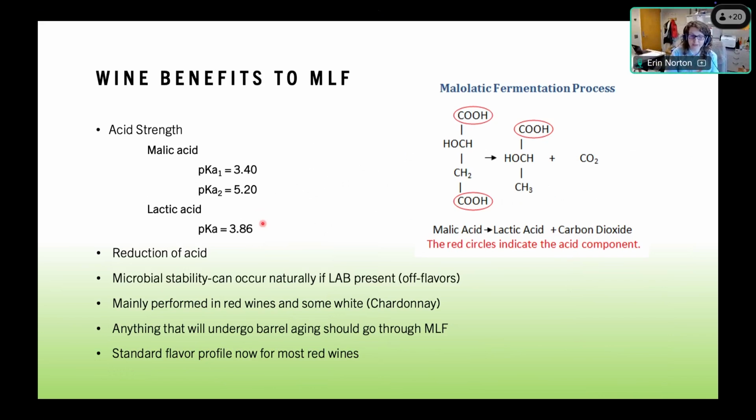And so if you let them do their own malolactic fermentation, if they start chomping up on your malic acid and creating lactic acid, chances are they're going to do some other side reactions that are going to taste not so great. Okay, so you're stabilizing, you're taking away that food source for those spoilage microorganisms.